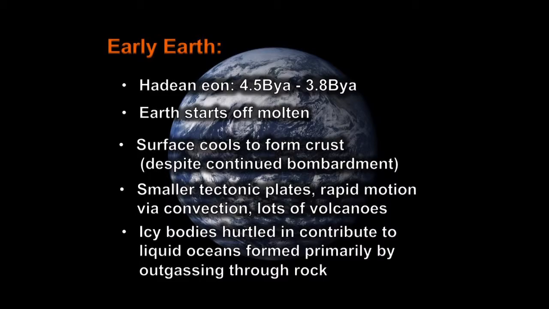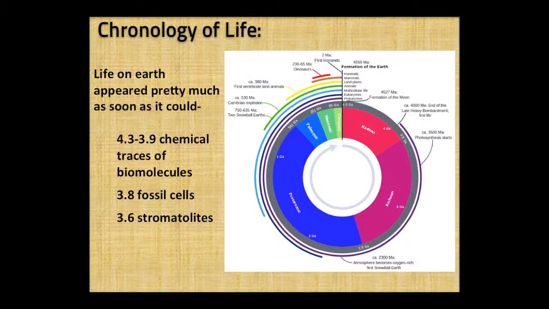You get tectonic plates starting that are moved about by the convection currents. You get lots of volcanoes. A lot of things are going on. You also get comets, asteroids, things hurtled in from space, some of which have a lot of water. This, combined with the outgassing of water from inside the Earth, forms the oceans very early on.